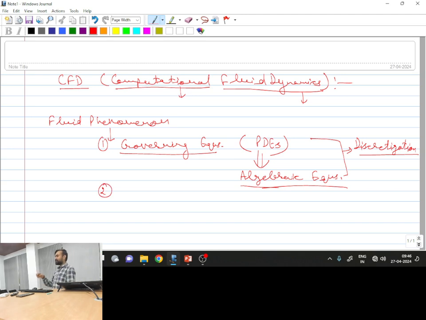Governing equations for most physical phenomena will be almost of the same type. Say, if you talk about flow through a pipe, or fluid flowing in an open channel, or fluid flowing over an aircraft, for majority of these situations there may be some scenario where one term is dominant over the other, but in general all the terms come into picture.